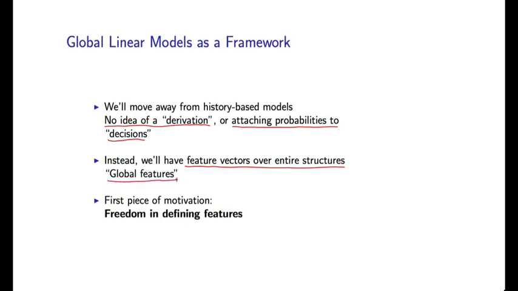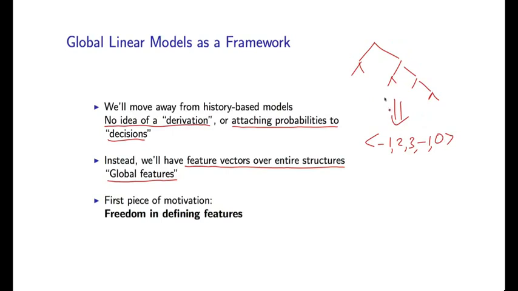And this is really where the name global linear models comes from. So now we're going to define functions which, for example, look at an entire parse tree and map this to some feature vector. In one sense, these feature vector mappings will be very closely related to the feature vector mappings we saw for log linear models. But in another sense, there's a rather more radical move here to a situation where entire structures are getting mapped to these feature vectors.